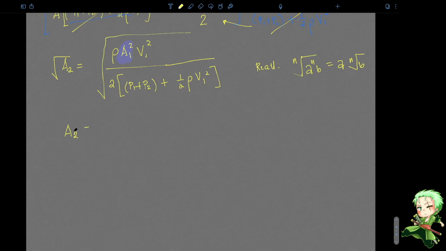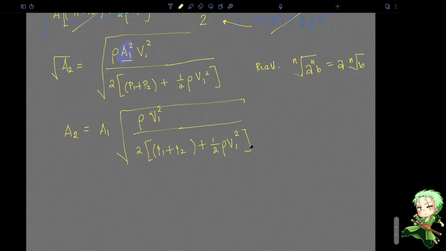When I do that, I will have A2 is equal to A1, isolating A1 in that case, and then the square root of, retaining everything here, rho times B1 squared all over 2 multiplied by this term, P1 plus P2 plus 1/2 rho B1 squared. You have this expression now.